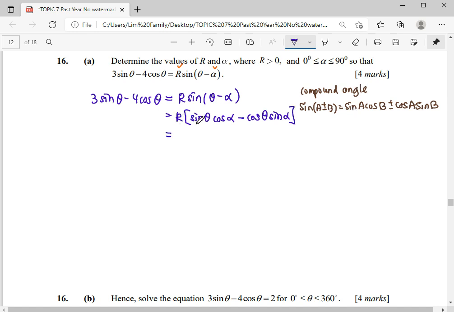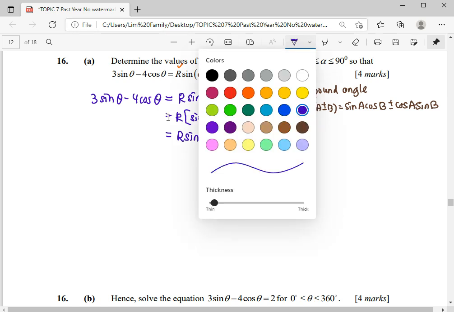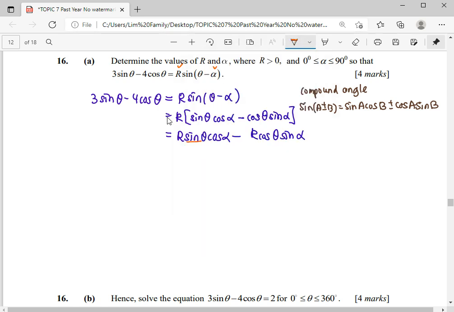We continue our expansion, multiplying by R, which will equal R sine theta cos alpha minus R cos theta sine alpha. You can see that when we expand the compound angle formula, the expanded form has something multiplying sine theta, referring to the first term, and something multiplying cos theta, referring to the second term in our question, 3 sine theta minus 4 cos theta.